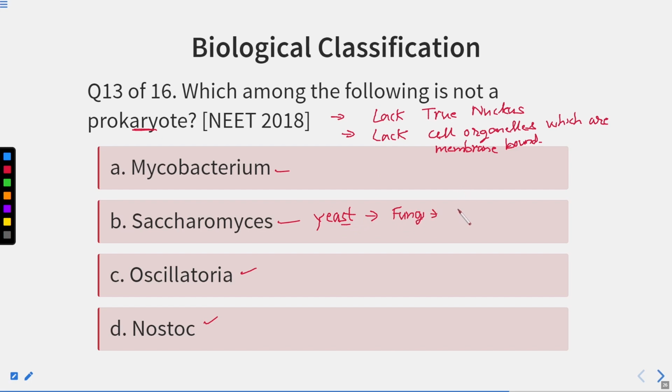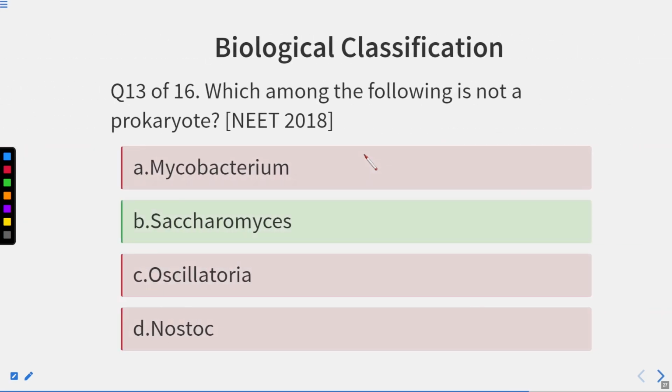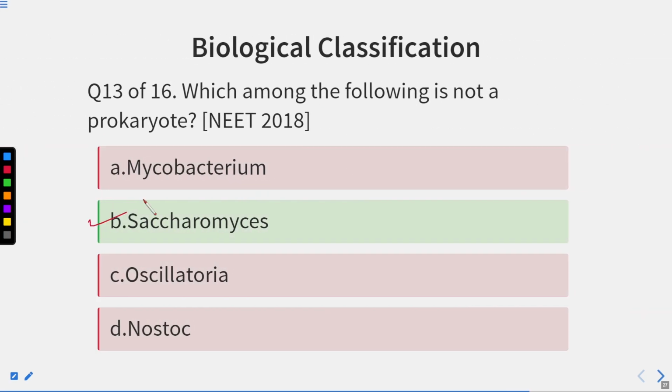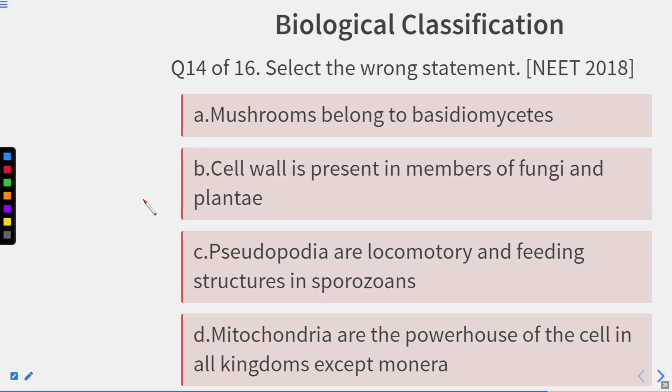It is a unicellular eukaryote. So option B is the correct answer here.